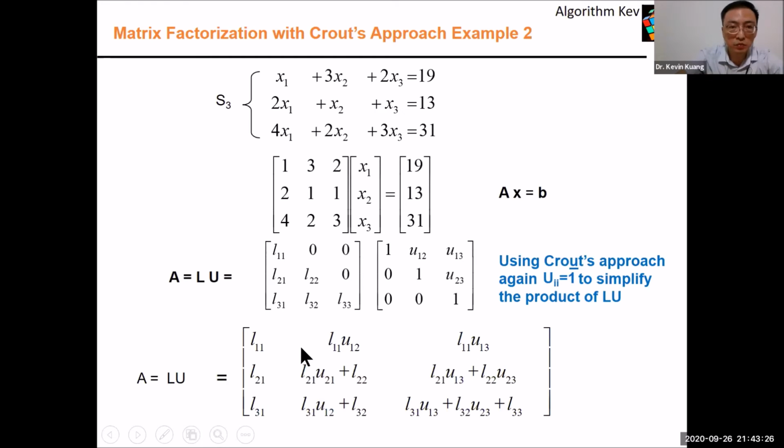By comparison with the original matrix A, this 3 by 3 matrix, straight away we will be able to obtain the values of L11, L21, and L31. Then using the same systematic manner, we can obtain U12, U13, and subsequently U22, L22, U23, L32, and then lastly L33.